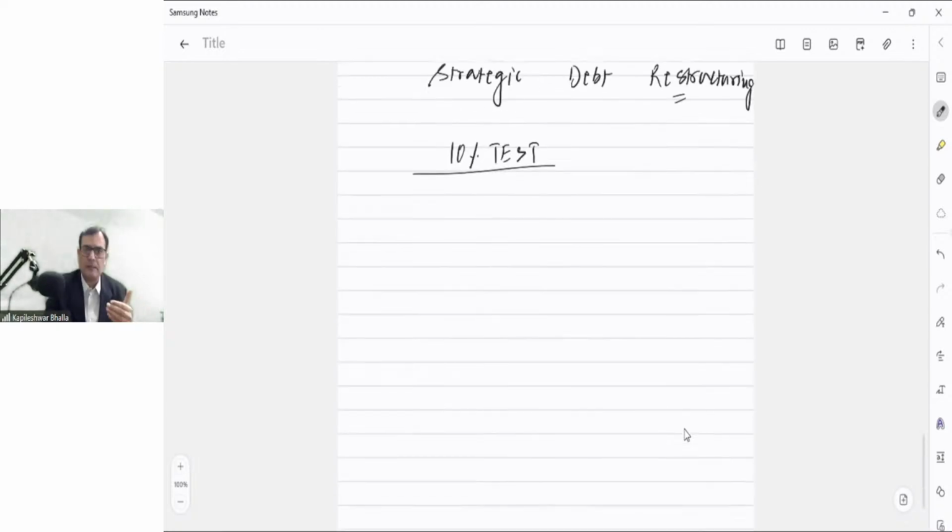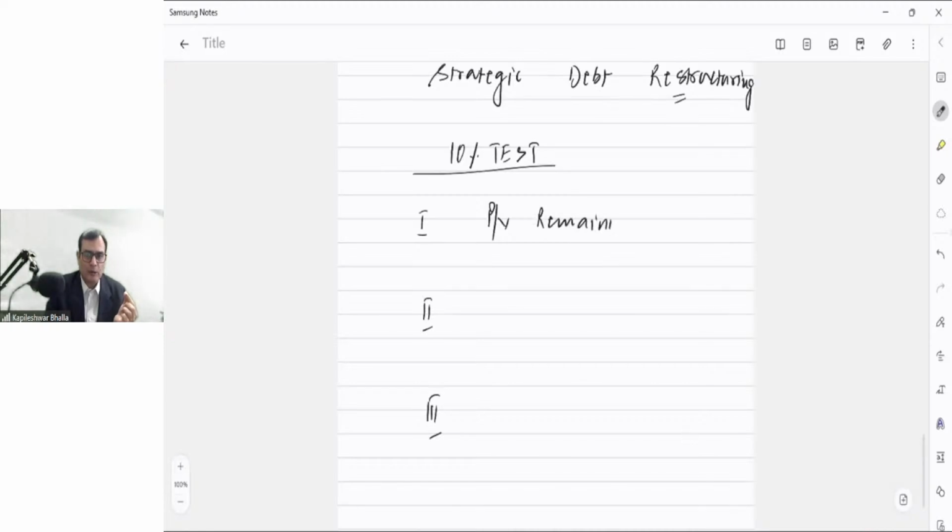This 10% test is conducted in a very simple three-step model. I've converted this into a very simple three-step model, to decide whether we need to apply extinguishment or modification accounting. Step number one, we're going to calculate the present value of the remaining cash flows.